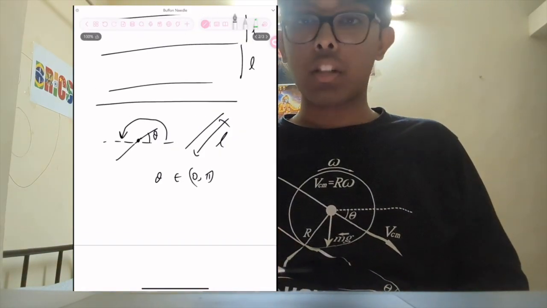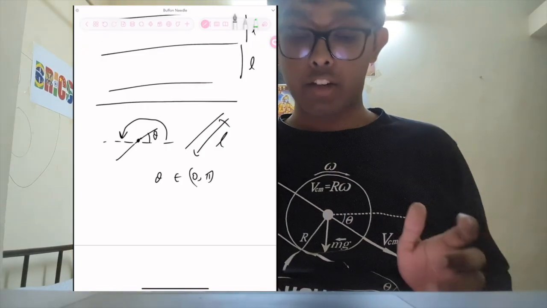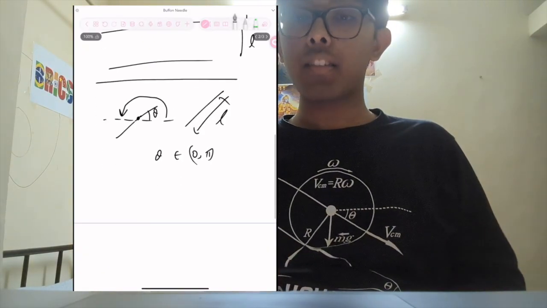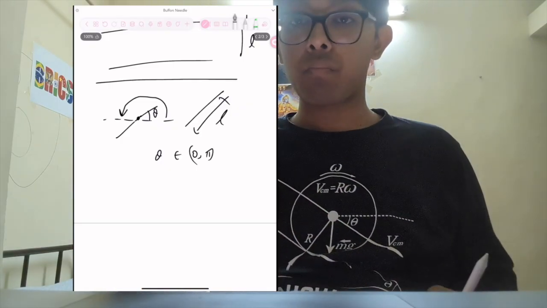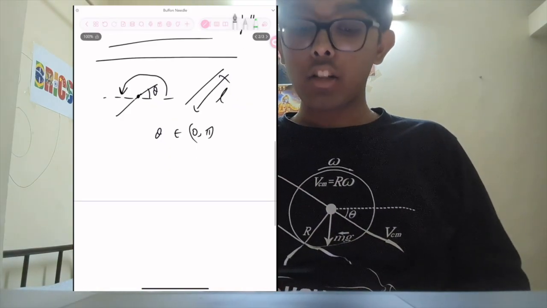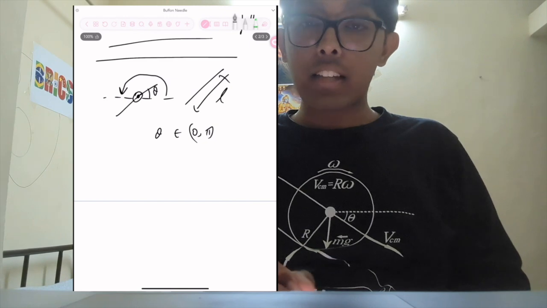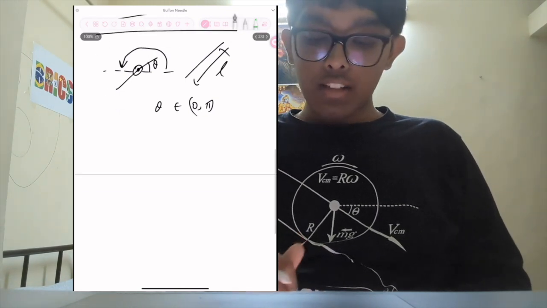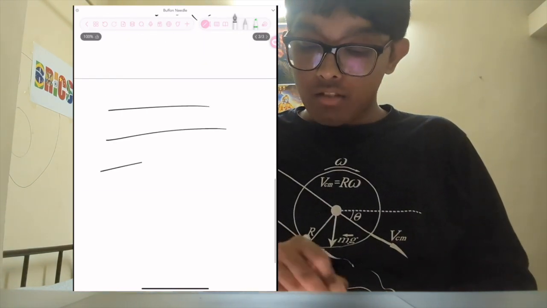Okay, and now one more thing we'll look into, which I will explain right now. Let us say that a needle falls anywhere. Now let's look at only the center point and the angle theta. Let's say we have infinite parallel lines.